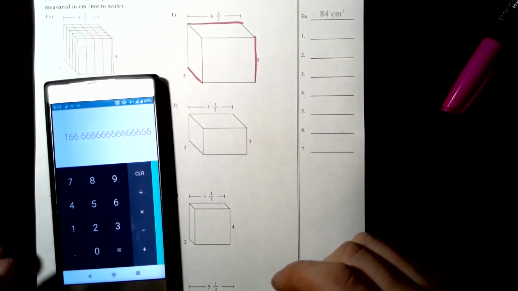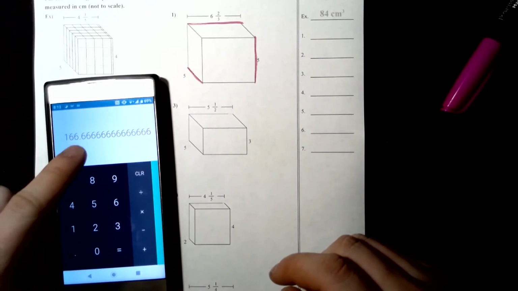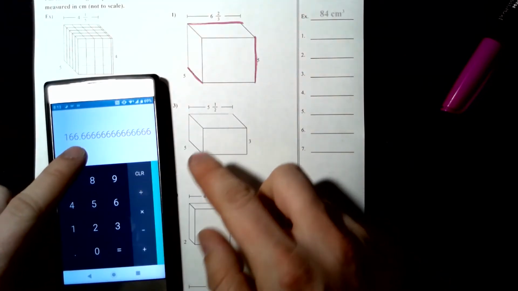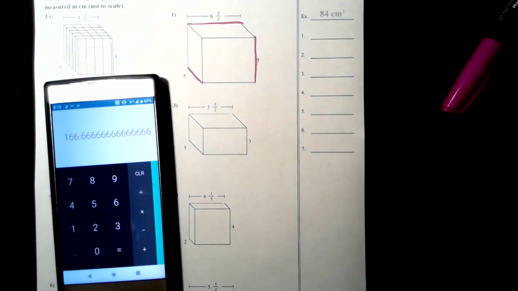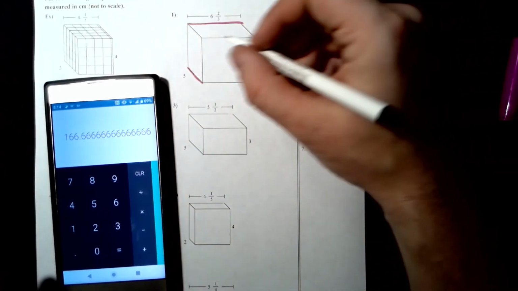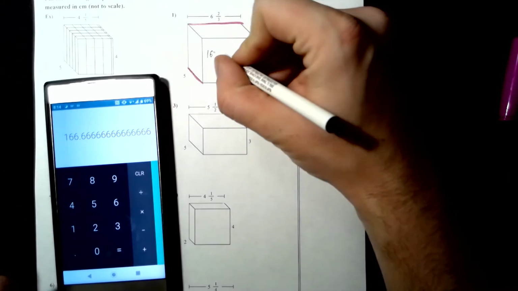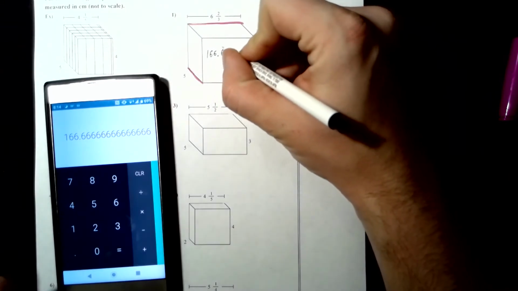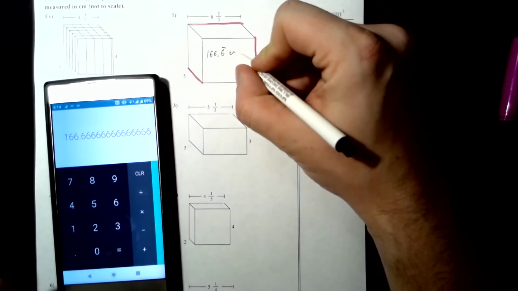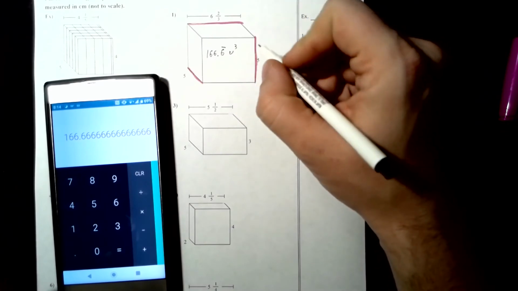And we see here we got an answer, 166.6 repeating. Now we can enter that in for our answer for number 1. We can enter it as 166.6 repeating units cubed.